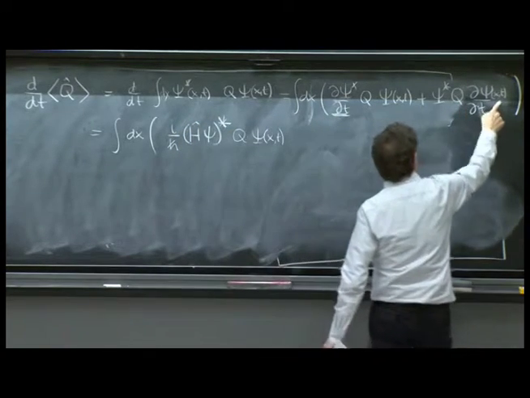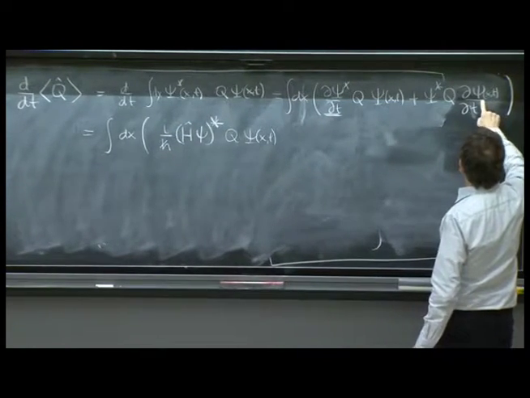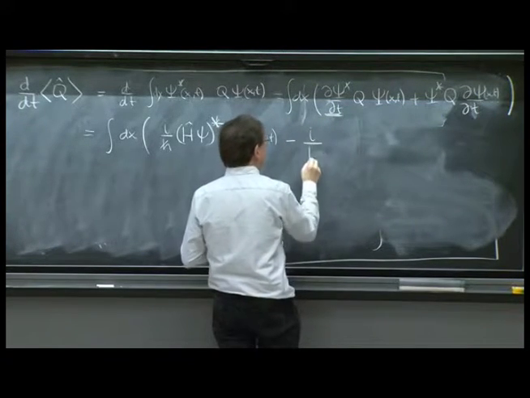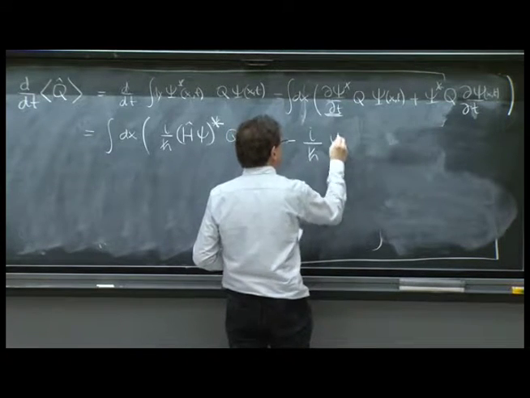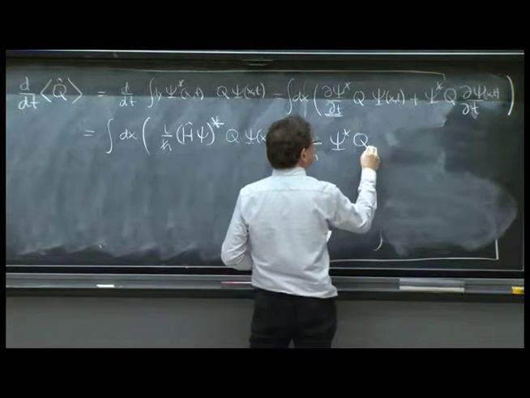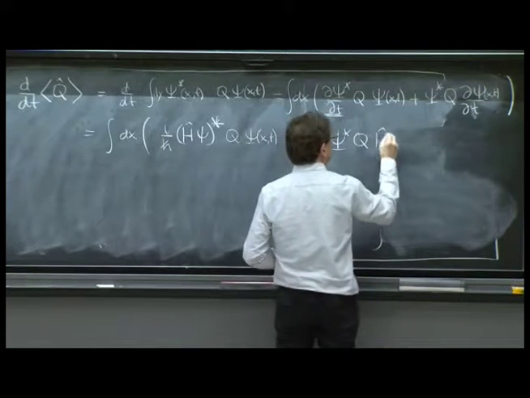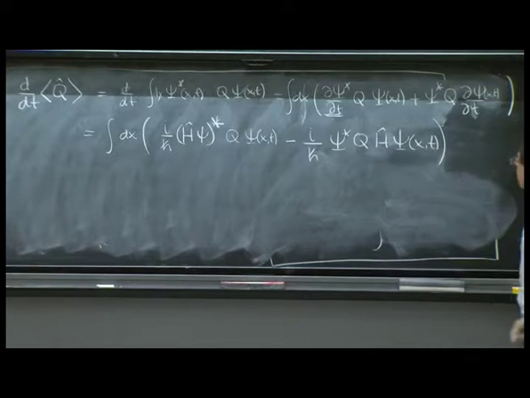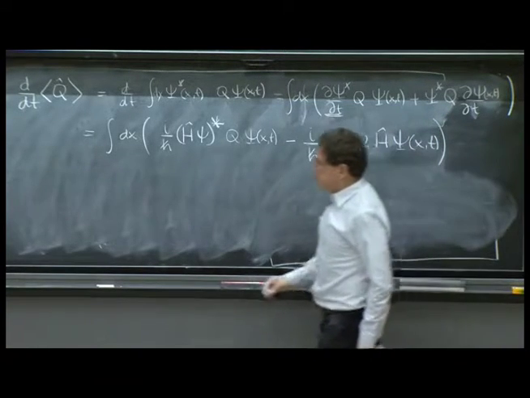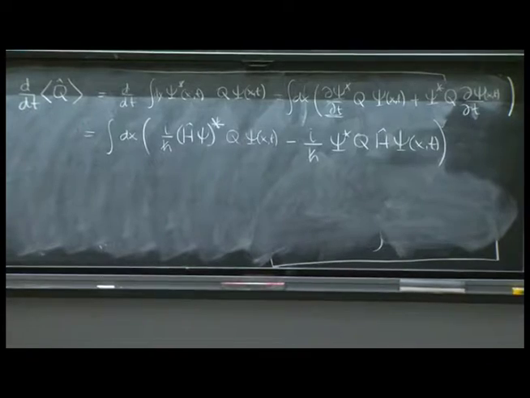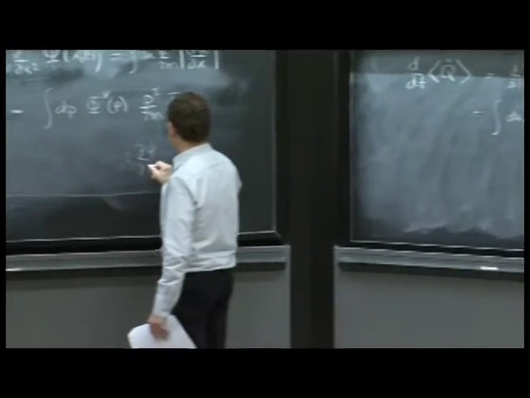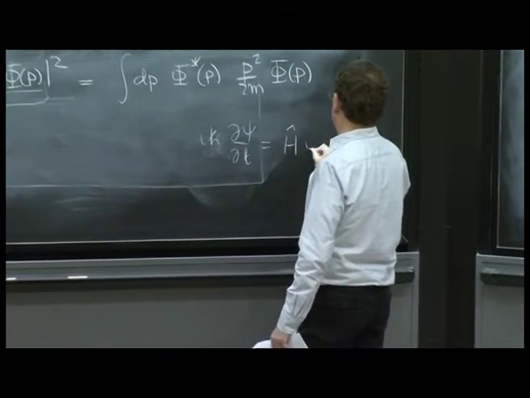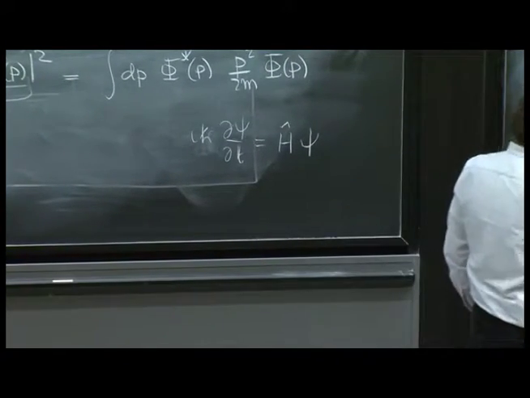On this term, you will have a very similar thing, minus i over h bar this time, psi star q h psi of x and t. So we use the Schrödinger equation in the form i h bar d psi/dt equal h psi. I used it twice.